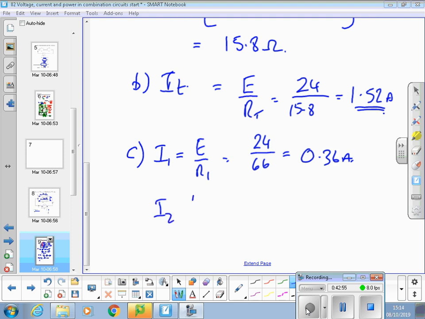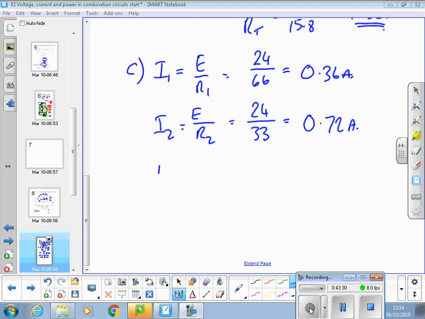I2, E over R2, 24 over 33. 0.72 amps. And I3 is 24 over 56. 0.43 will do. Keep them to the same number of significant figures.